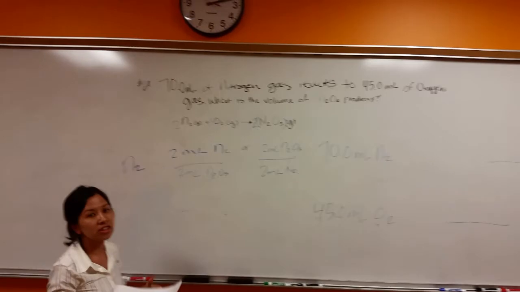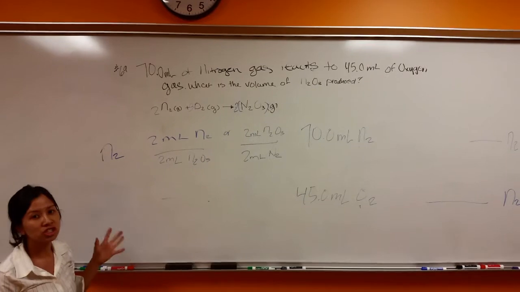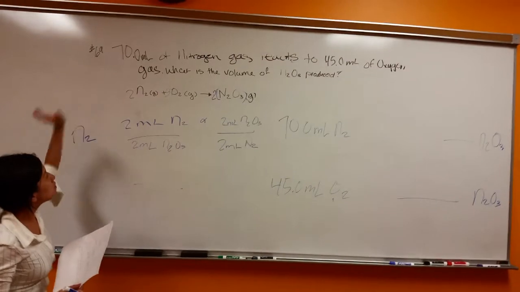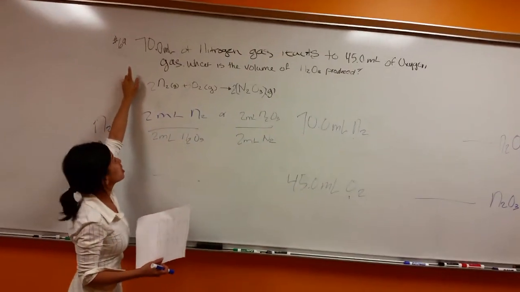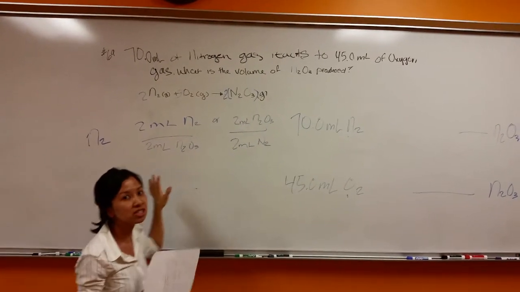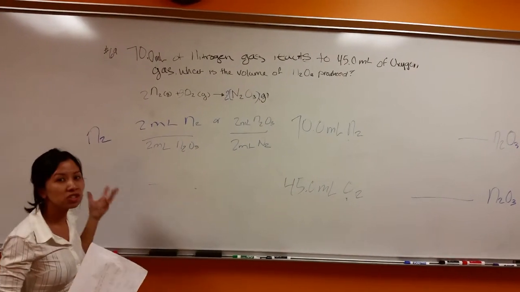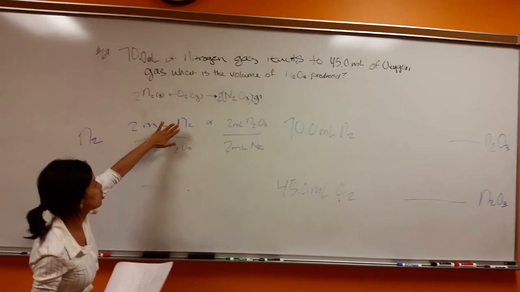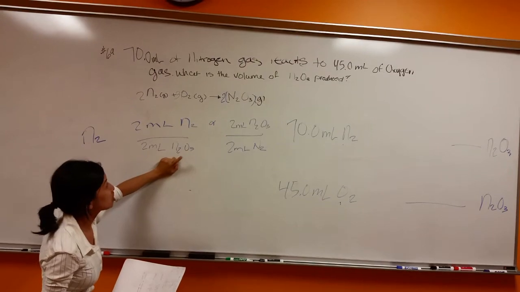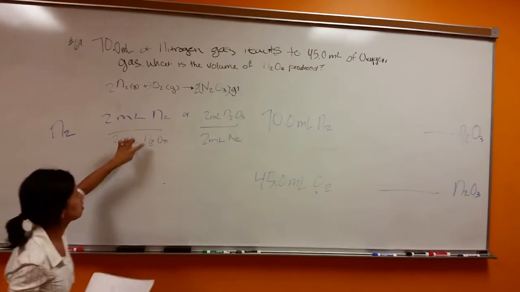Mm-hmm. So, okay, the neat thing about volume conversion problems is that when the metrics, which are 70 and 45, are the same metrics, then we can just use that and go straight from moles, which is usually supposed to be 2 moles of nitrogen over 2 moles of dinitrogen trioxide because of our coefficients, which is how we got to here.